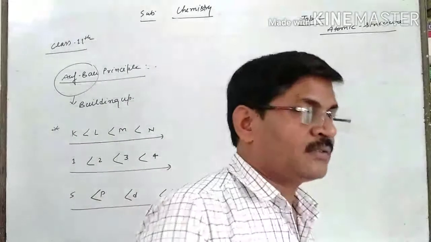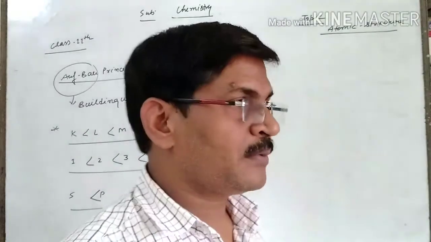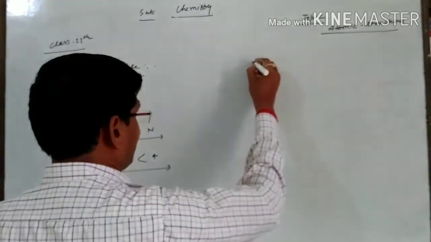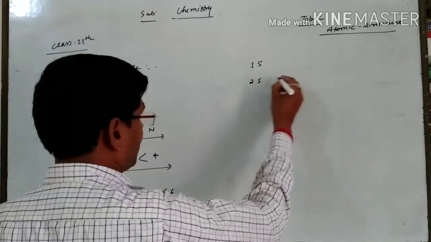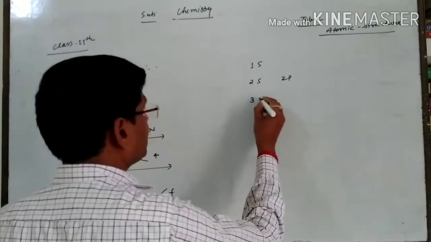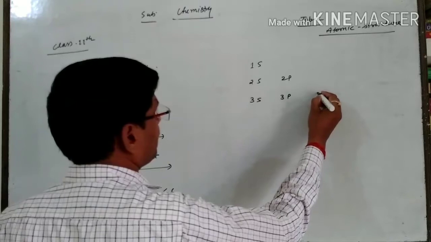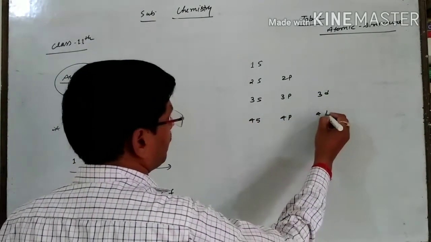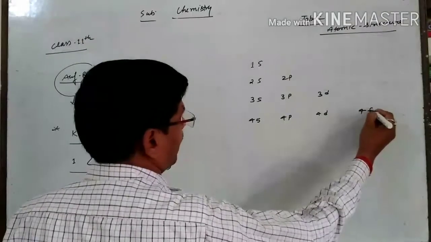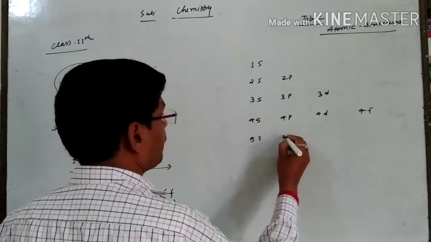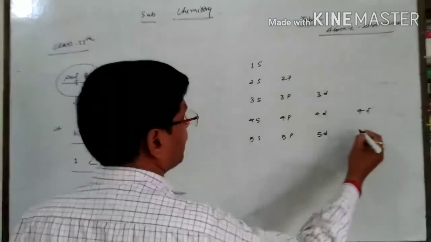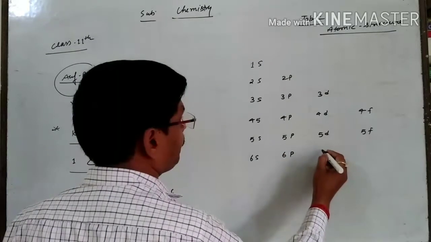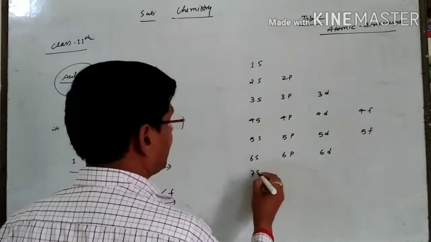If you are going to fill up the electrons, then you have to focus your mind on the Aufbau building. As I am writing here: 1s, 2s, 2p, 3s, 3p, 3d, 4s, 4p, 4d, 4f, 5s, 5p, 5d, 5f, 6s, 6p, 6d, 7s.